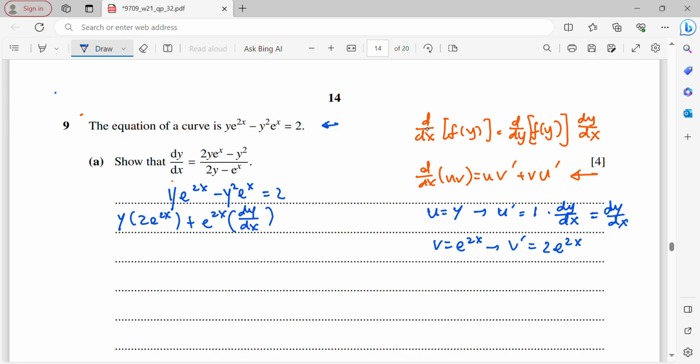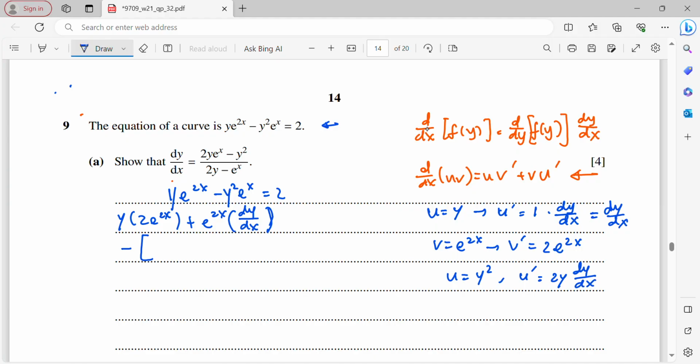Then minus, okay, same for the next one. The next one is u equals y squared. So u prime is, when you differentiate y squared with respect to y, 2y. Then you times dy over dx.